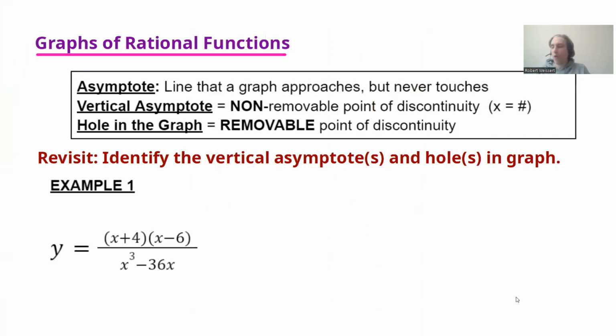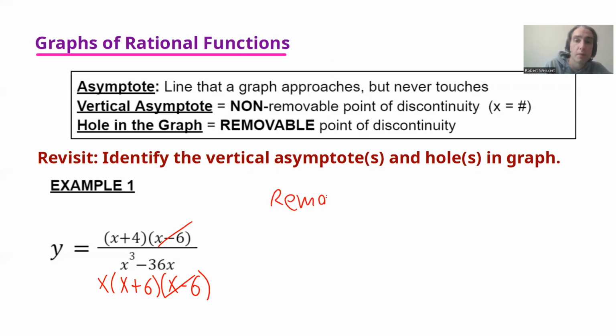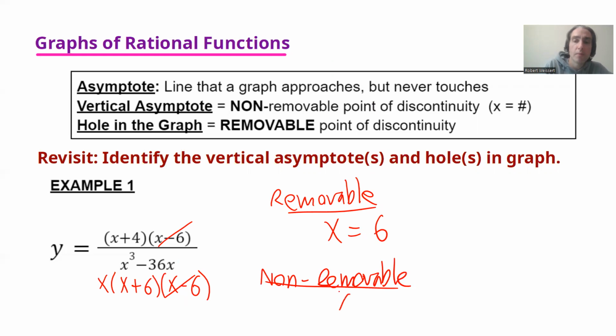Remember that, let me go ahead and factor this real quick. This was x plus 6, and x minus 6. And remember that we had canceled these out, and so our removable point of discontinuity was x equals 6. And our non-removable, we had 2: x equals 0 and x equals -6.